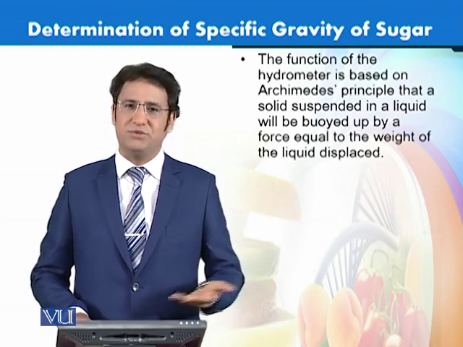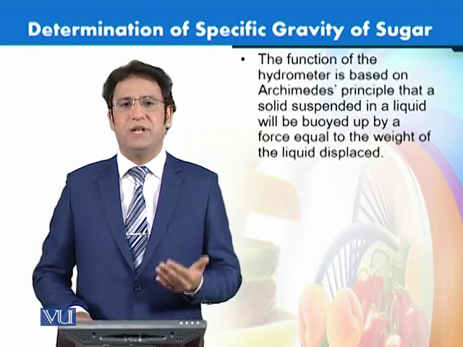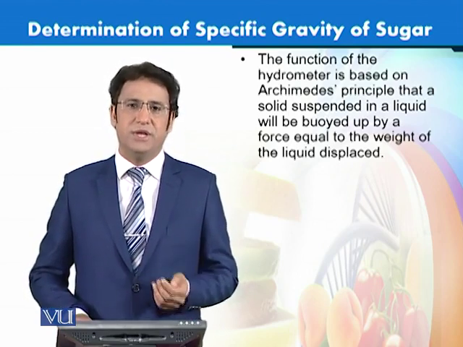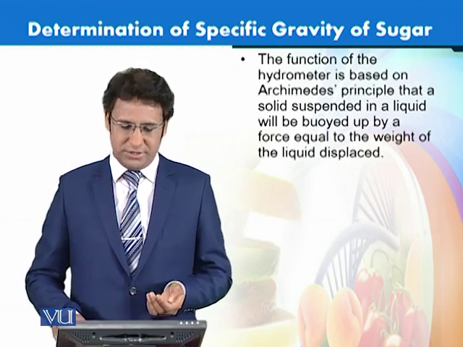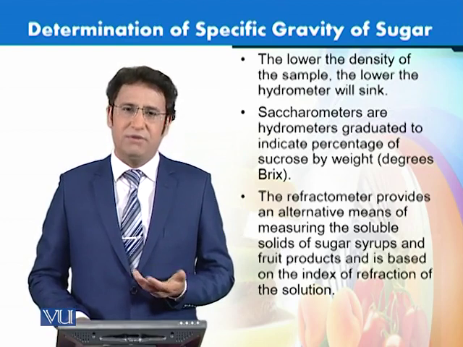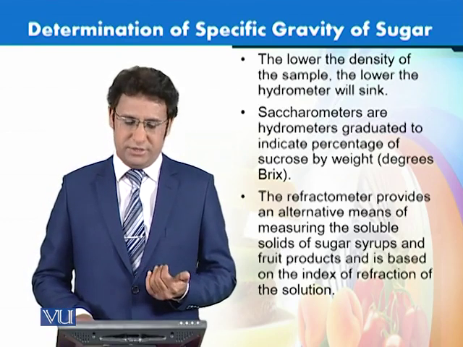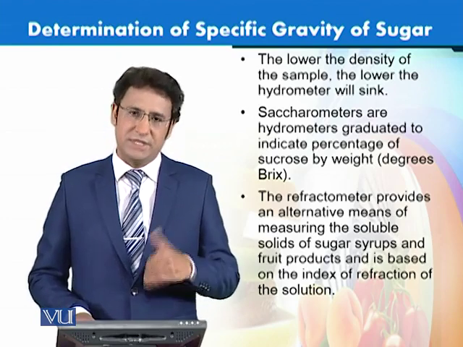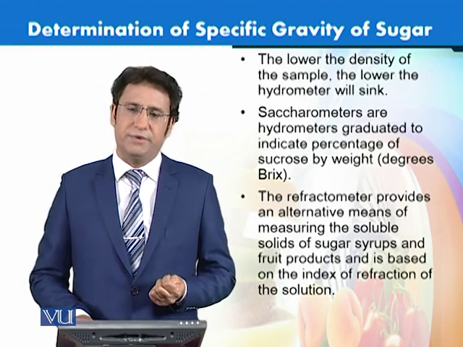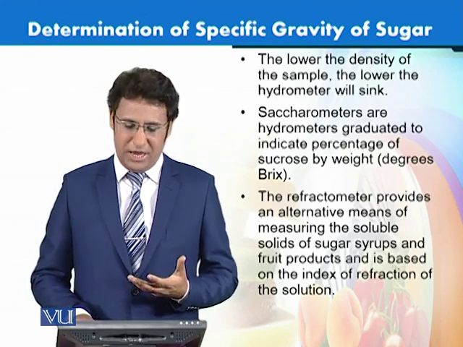And on that basis, we build all the boats so that they displace more water than their own weight, so they would always float on the water. If we have a lower density of a food, the hydrometer will sink, and vice versa. Another checking parameter is also done through the saccharometer, also called a Brix meter.